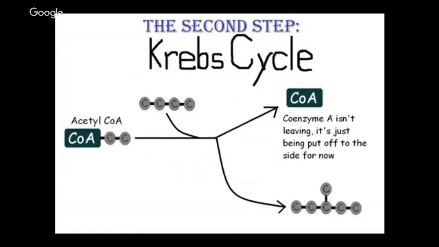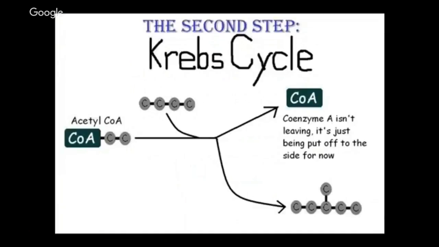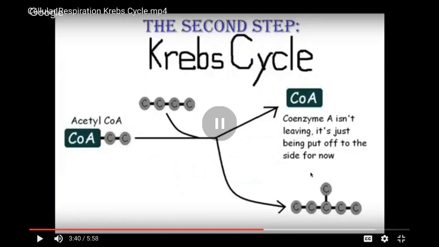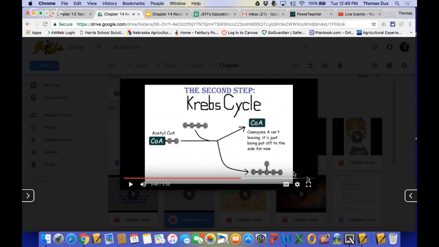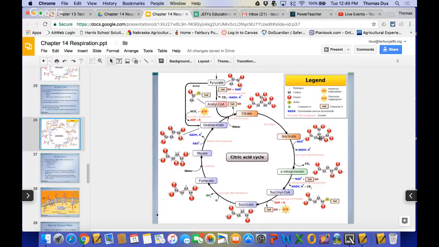And they make a 6-carbon compound, except it looks a little different than the 6-carbon we saw before. It looks like the bottom right, as you can see here. This 6-carbon compound we said is the isocitric acid right here. Boom. 1, 2, 3, 4, 5, 6 of them.